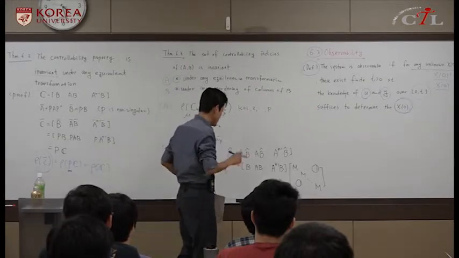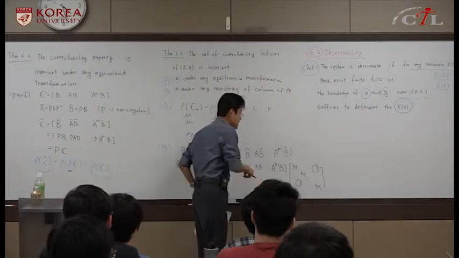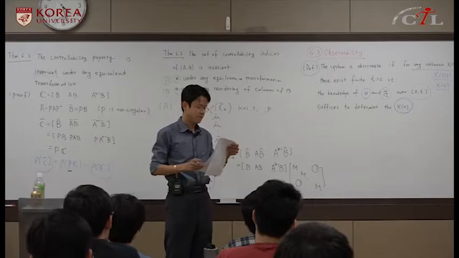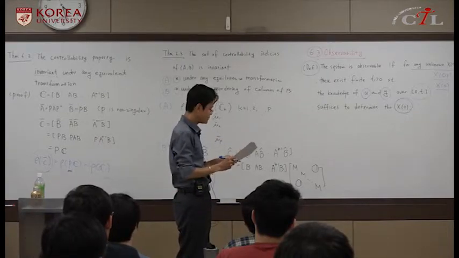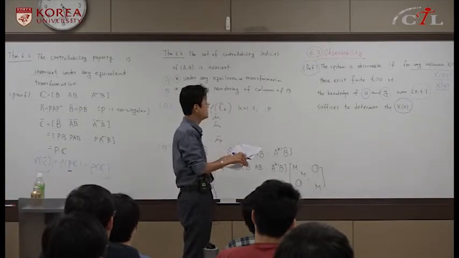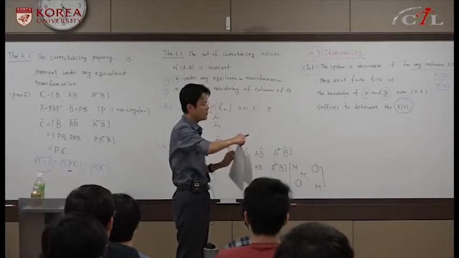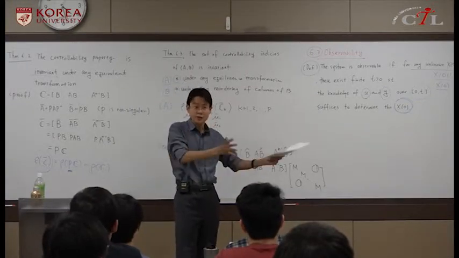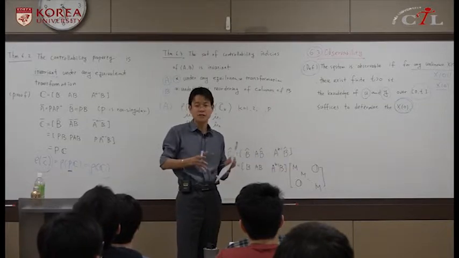One very nice property of observability is that all the properties of controllability are dual. It's like a mirror, dual.